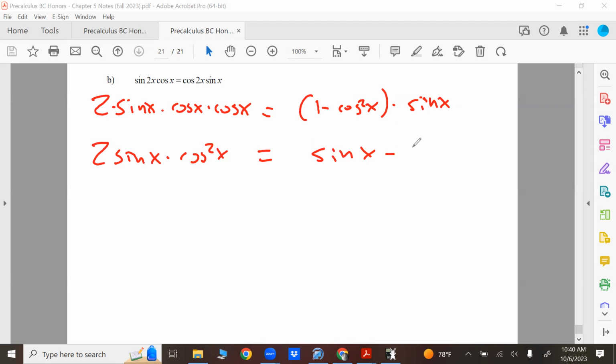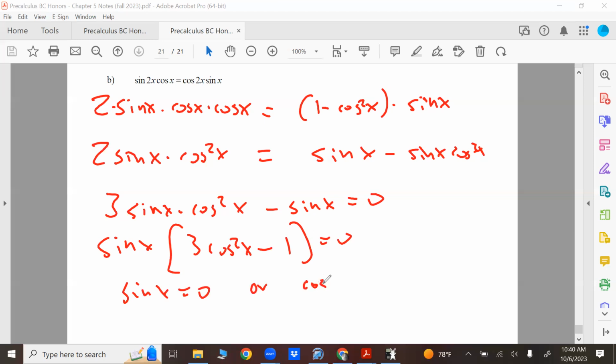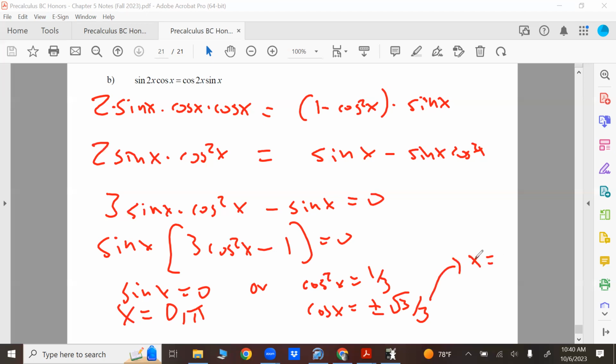Yeah, I got 0. Oh, that's weird. Did you guys get cosine x equals plus or minus root 3 over 3?